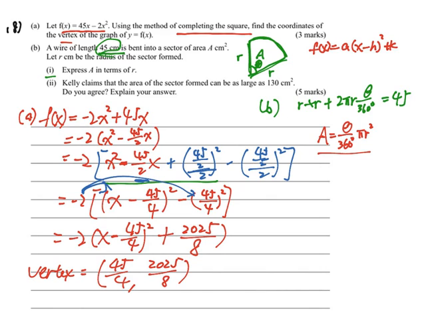For the green equation, we need A in terms of R, so that means we need to keep the R. We substitute the theta, so in terms of theta over 360, that means 45 minus 2R over 2 pi R. So this area becomes 45 minus 2R over 2 pi R times pi R squared.